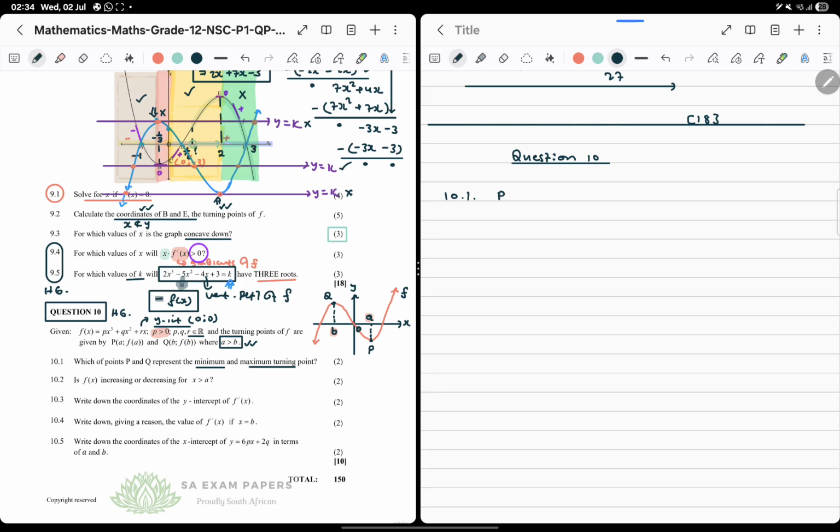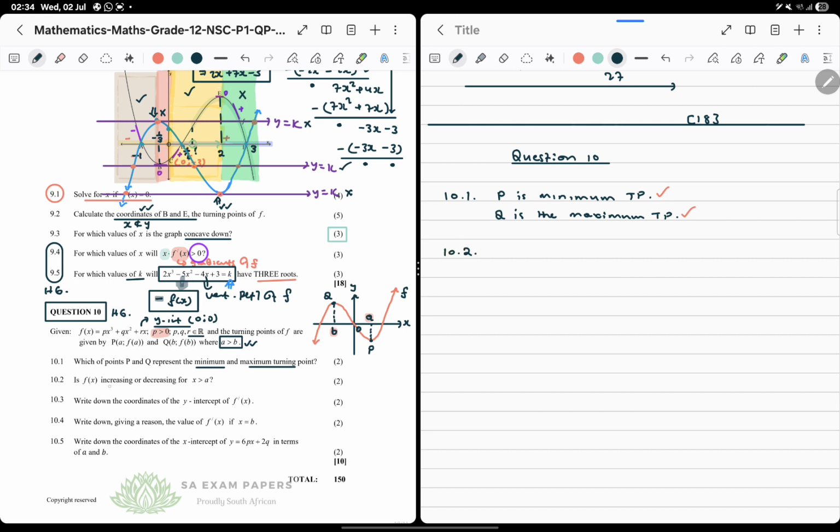We know that P is the minimum and Q is the maximum turning point. Okay, nice and easy because we see the shape. We needed to understand the shape to know this. Nice, 2 marks.